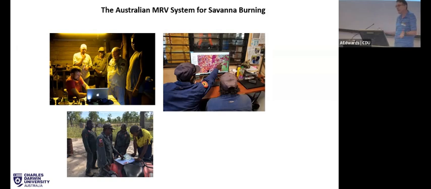It brought together, and this is a project that Jeremy led, a whole series of people: the land managers, the fire managers, traditional owners, Indigenous rangers, pastoralists, park rangers. It brought them all together across the savannahs, together with technical specialists and scientists, to try and work out ways to help them improve the way they manage their country with fire.